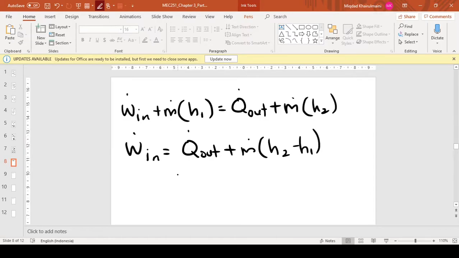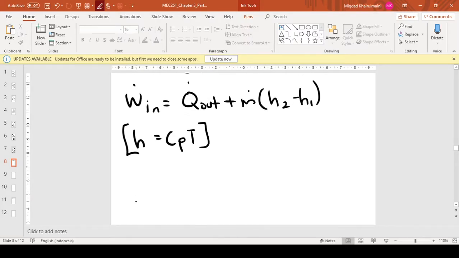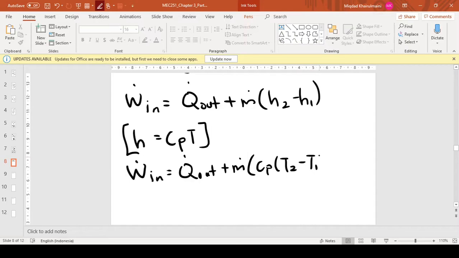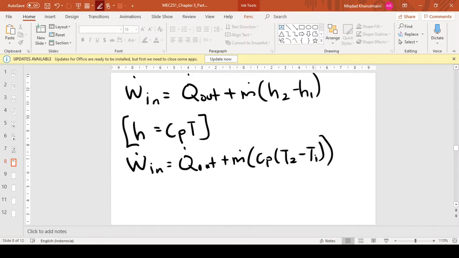But remember the substance is a gas, so H is replaced with Cp T. Because of gas, we replace H with Cp T, so we get the equation.